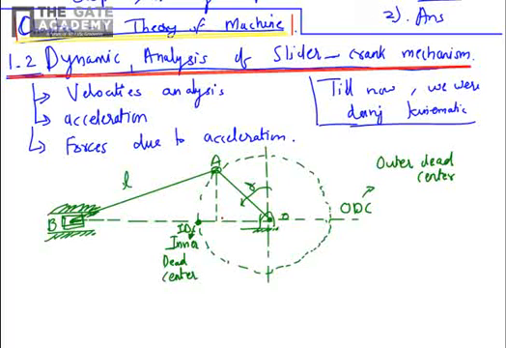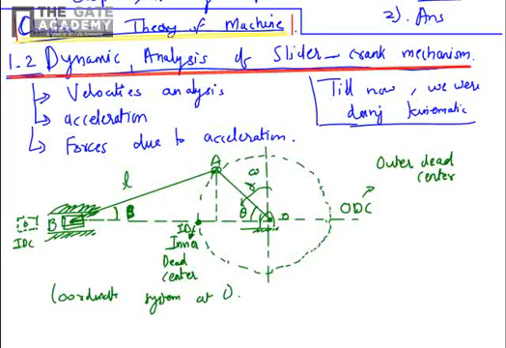The uniform angular velocity of the crank is omega. Let's say the connecting rod makes the angle beta with respect to the horizontal axis, and the crank is making angle theta at a particular time instance. When the crank is at inner dead center, the piston will also be at its farthest position from the center of the crank.